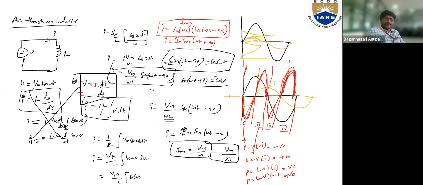So now you draw a similar graph for that. Draw the voltage and current waveforms and draw the power curves. Are you getting the similar graph?